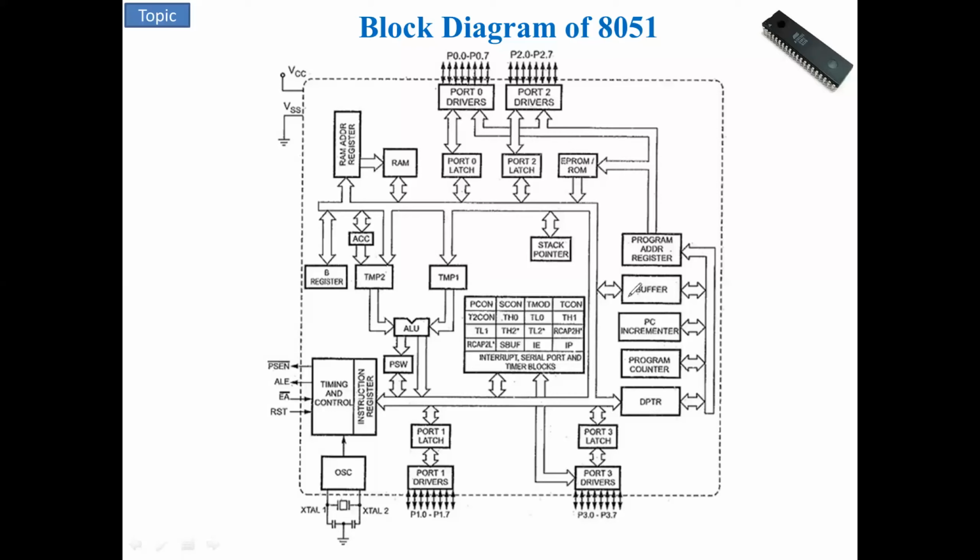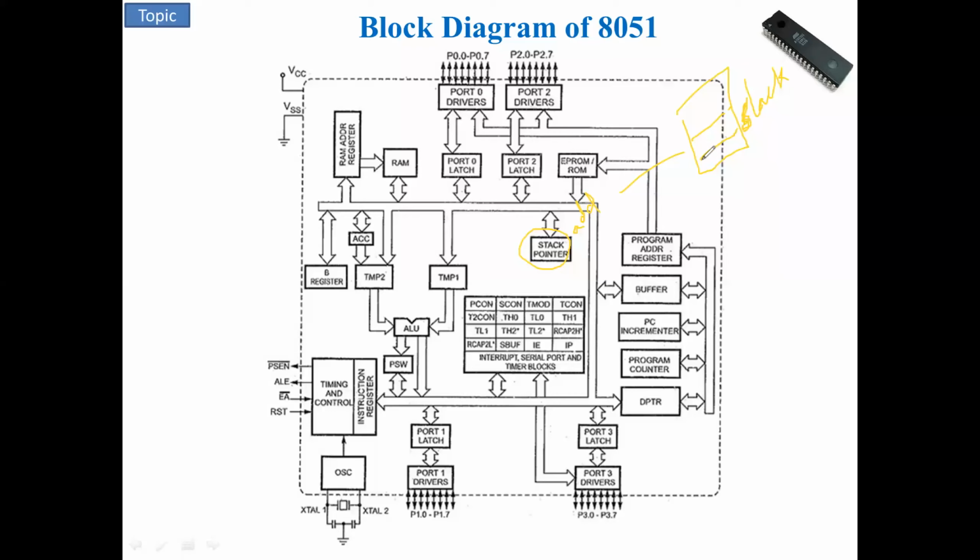Then we have another register, the stack pointer register. Here it will load the address if any user wants to store a sequence of data inside the stack. The stack is a temporary memory location for the user.